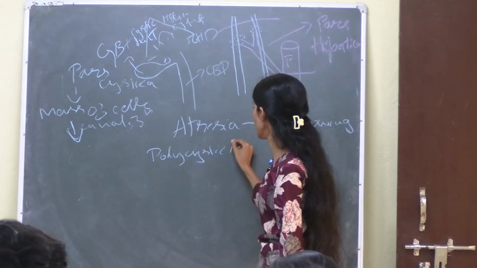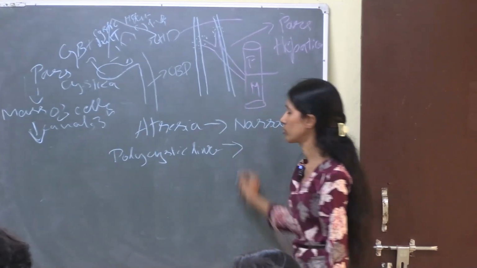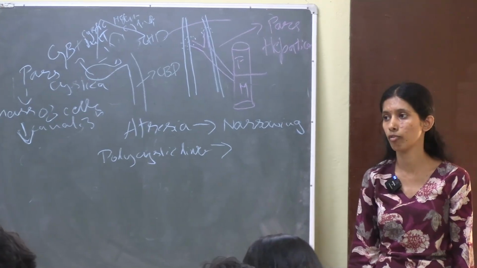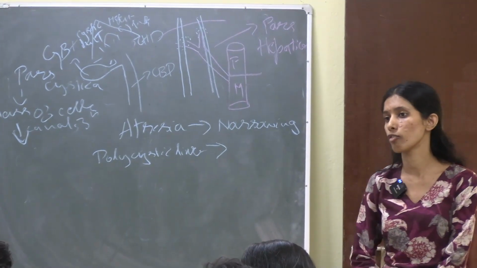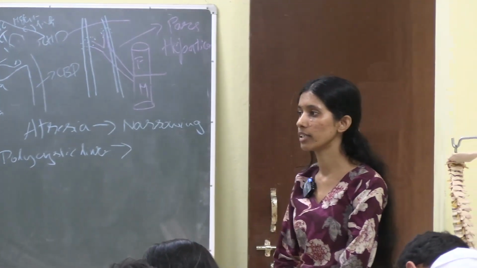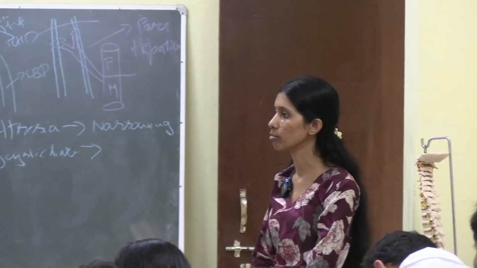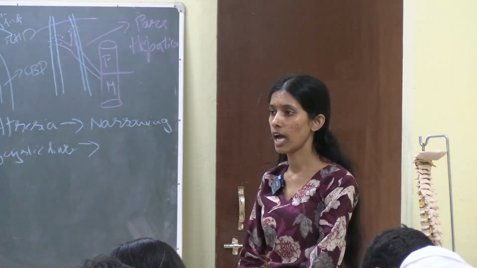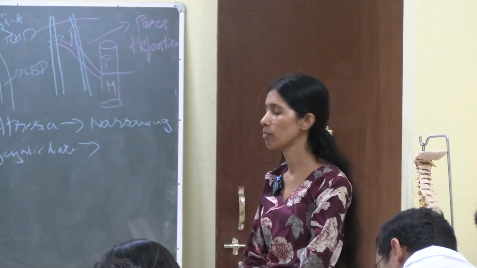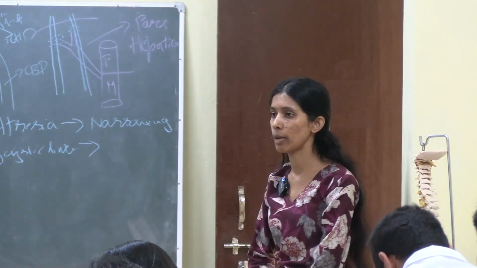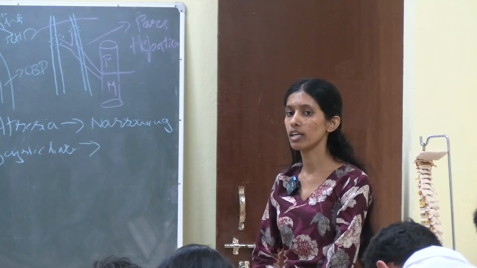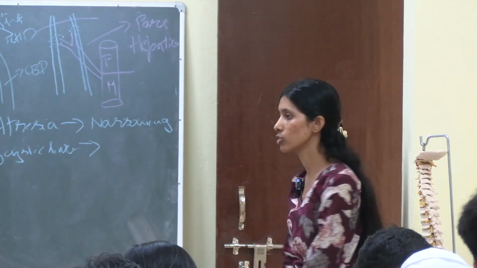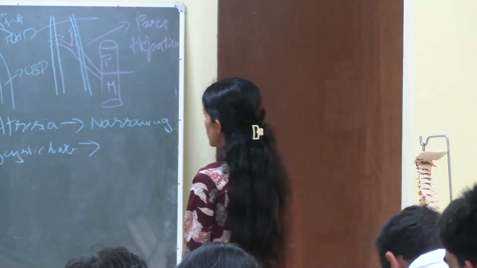Polycystic liver is nothing but the failure of union of your extrahepatic biliary ducts and intrahepatic biliary ducts, or the absence of junction between the common bile duct, common hepatic duct and intrahepatic biliary ducts. It will lead to a condition called polycystic liver.